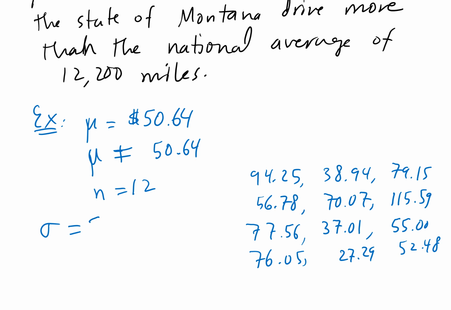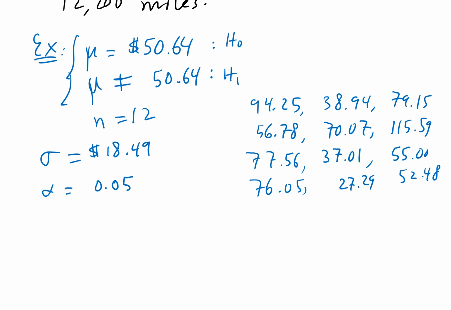Assume that the standard deviation is given as $18.49, and the level of significance is 0.05. We are going to test this claim. This is the null hypothesis. This is the alternative hypothesis. So that tells us it's a two-tailed test. That's the difference between this one and the previous one.